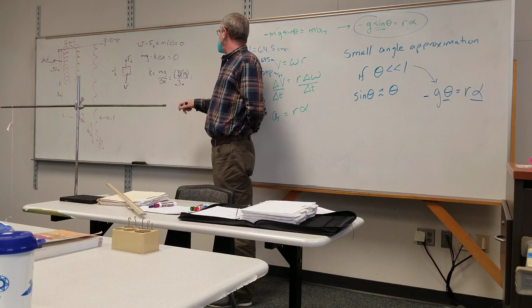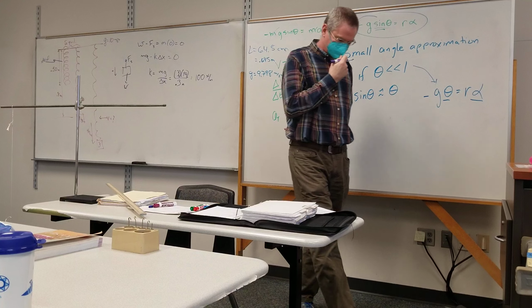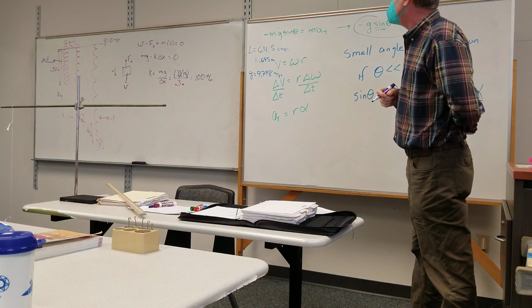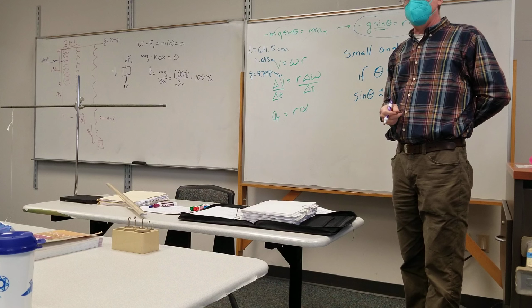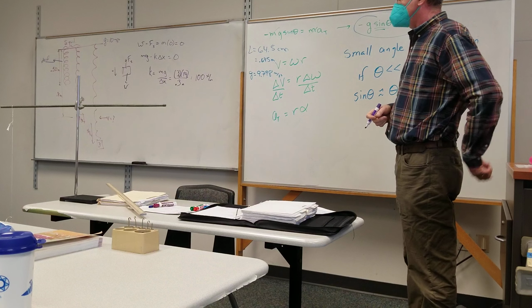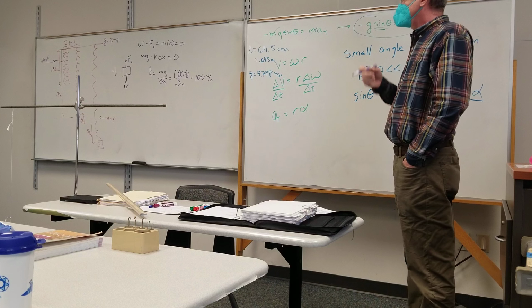What we end up with here is 100 newtons per meter. So I now have some idea how stiff it is. In order to stretch the spring a meter, it takes 100 newtons of force.